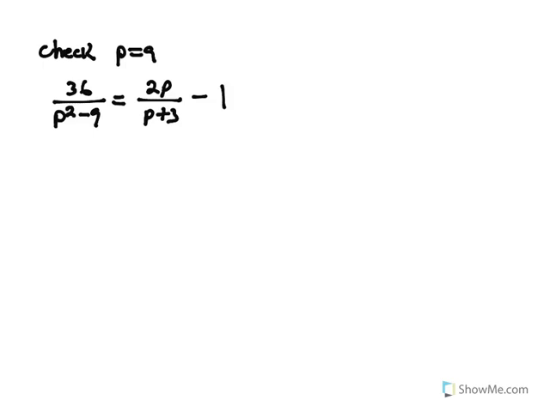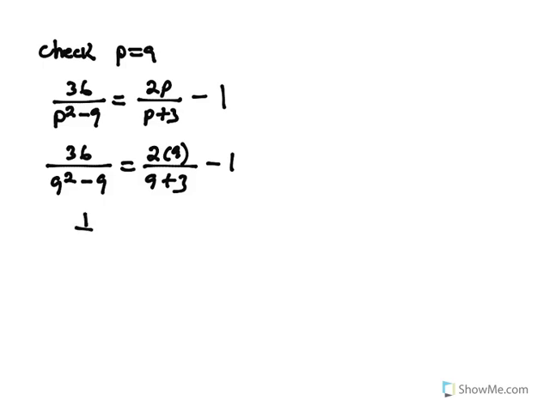So if I substitute it in here, I get 36 over, okay, 9 squared minus 9 equals, all right, 2 times 9 over 9 plus 3 minus 1. Again, I'm simply substituting the number for p into the original equation. And when you do all of this, you're going to get 1/2 equals 1/2. And that's going to work, okay?